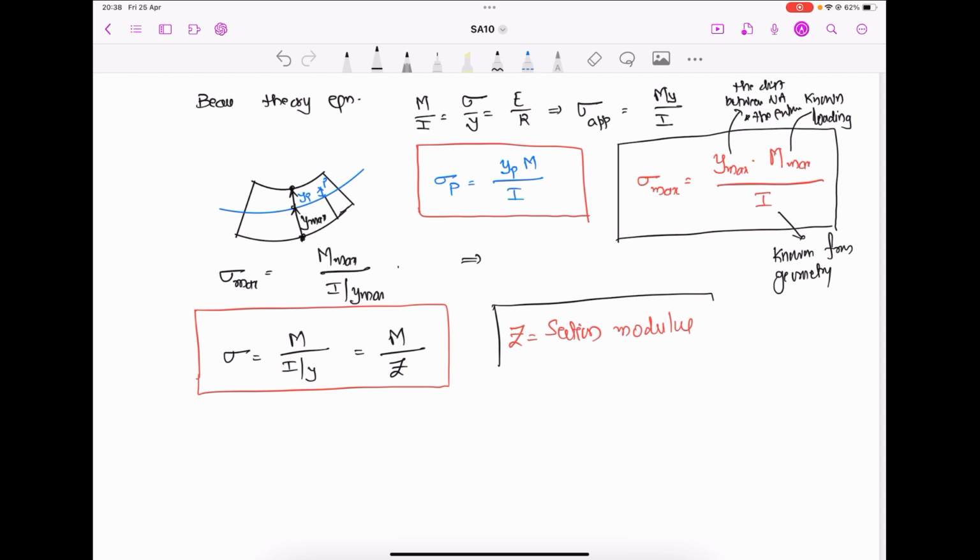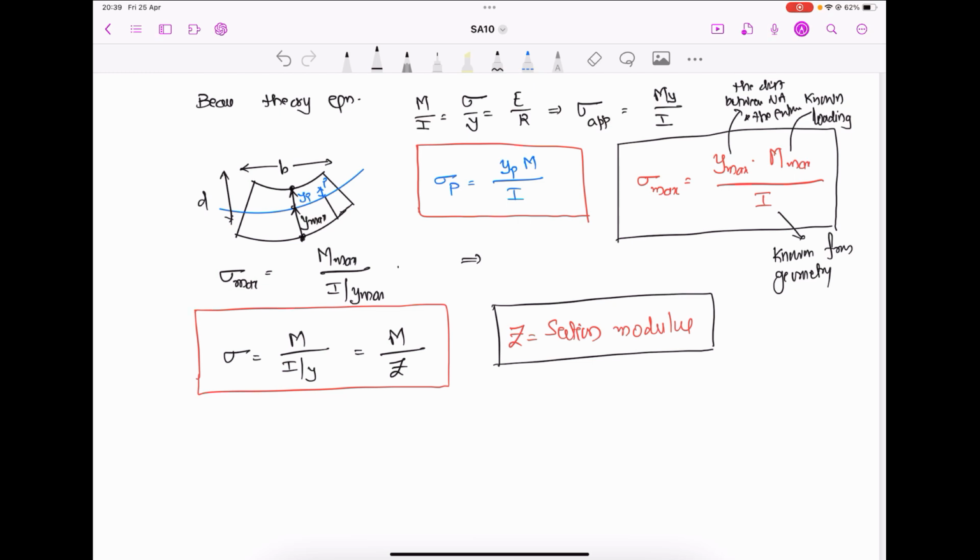That means by finding the section modulus and bending moment, we can find out the applied stress at that particular point. Section modulus for a rectangular beam of B width and depth of the beam, let us say D. I am talking about the cross section of the beam.